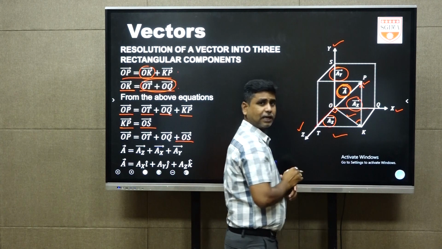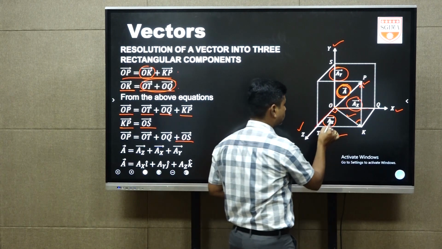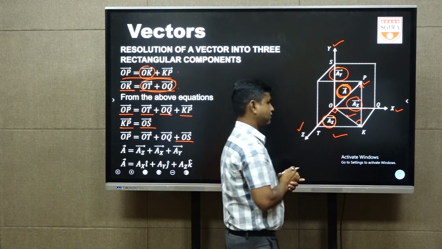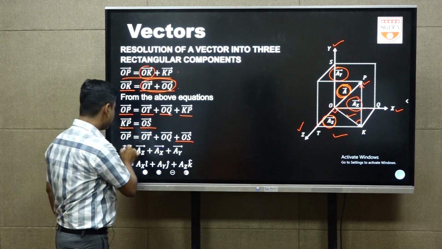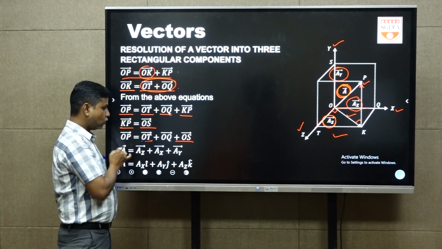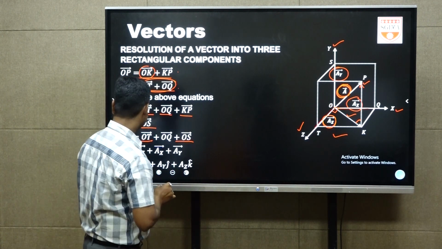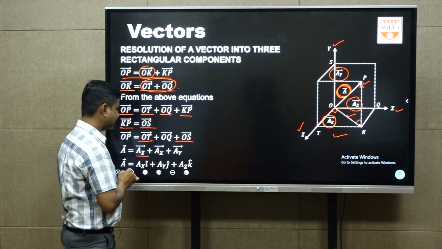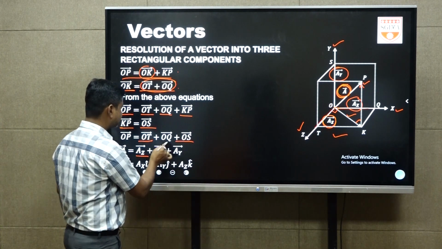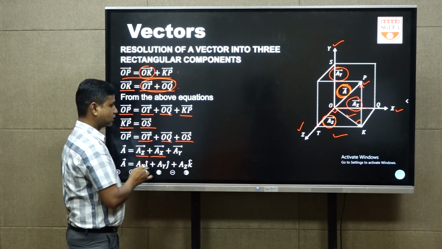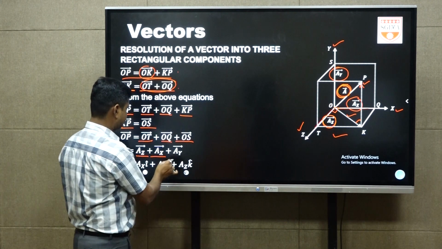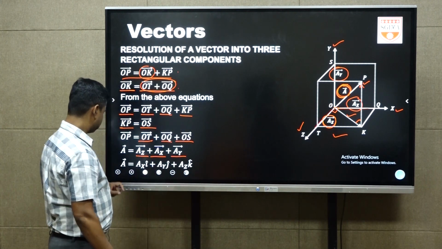Next, OT is along the z axis, so it is denoted AZ. Here OP means A bar equals OT along the z axis, so AZ; OQ along the x axis, so AX; OS along the y axis, so AY.